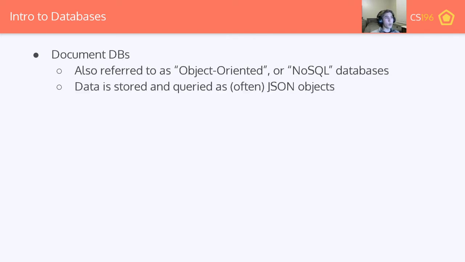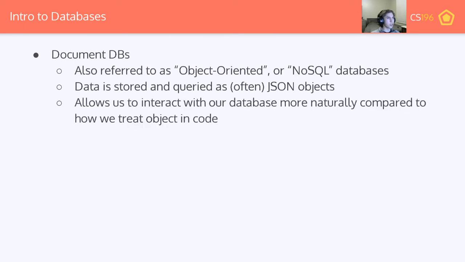Data is stored and queried as very often JSON objects. So hopefully in your last homework, you may have gotten a little bit of familiarity with JSON objects, mostly understanding that they are fancy dictionaries in Python. This allows us to interact with these objects in our database in a way that's much closer to how we interact with objects in code.